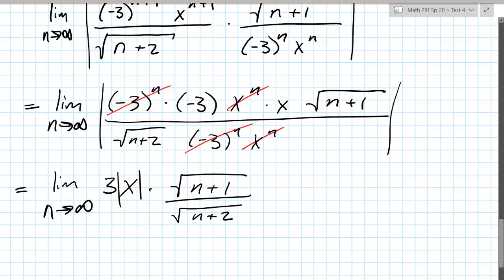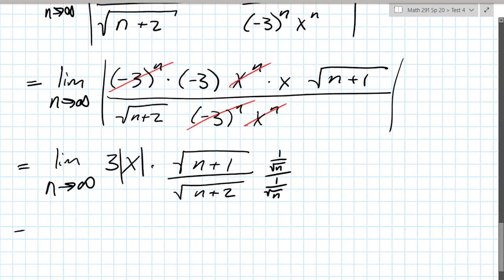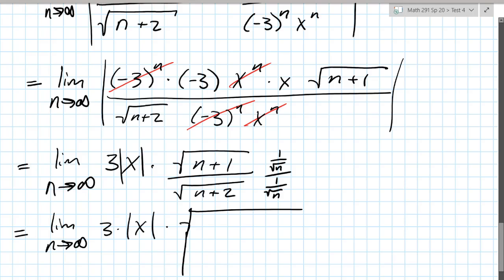We've done enough of these problems. Have we done enough of these problems to recognize that this limit is going to be 1? If not, we can multiply by 1 over root of n over 1 over root of n, and then we will have the limit as n approaches infinity of 3 times the absolute value of x times the square root, and I'm going to write it all under 1 square root, 1 plus 1 over n over 1 plus 2 over n.